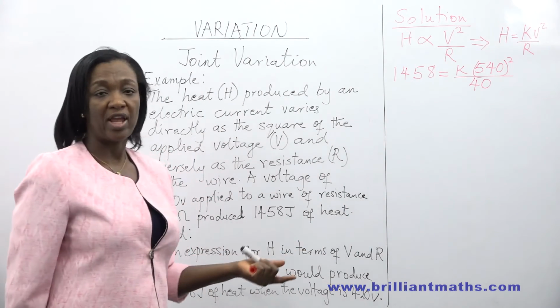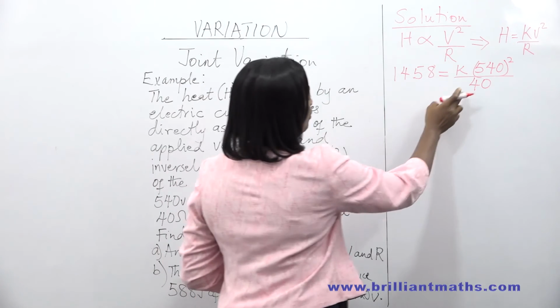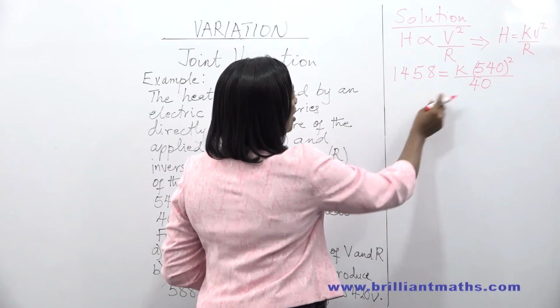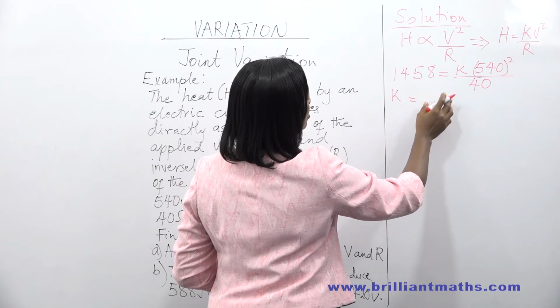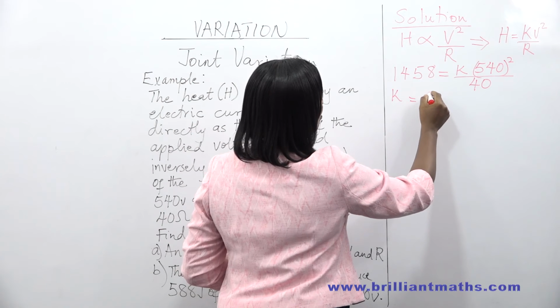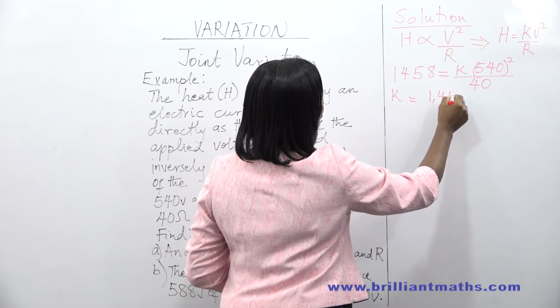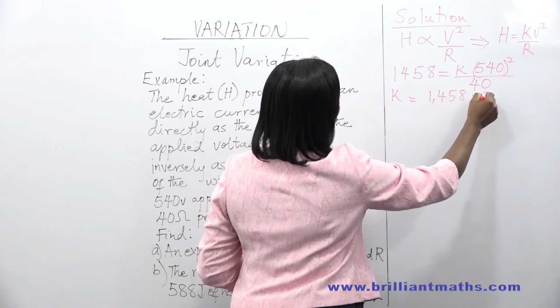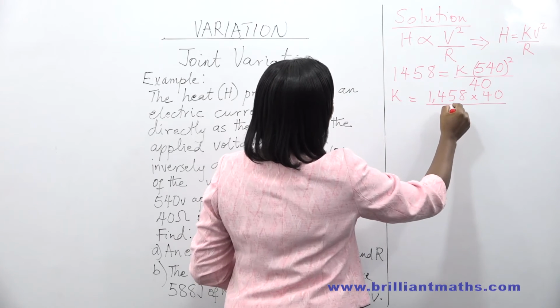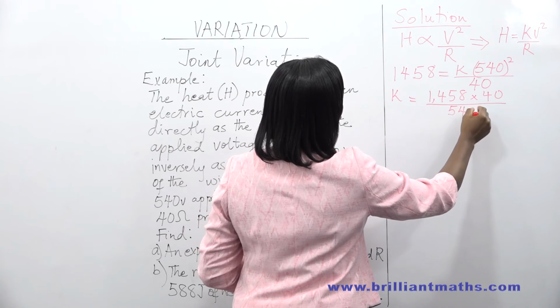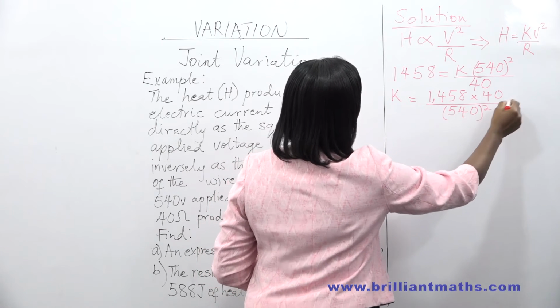So how do we find our K? If you cross multiply there and you divide by that, you have that K is equal to 1,458 times 40 over 540 squared.